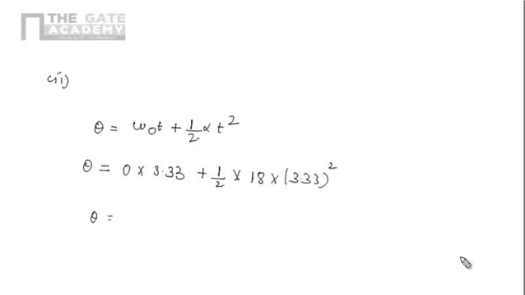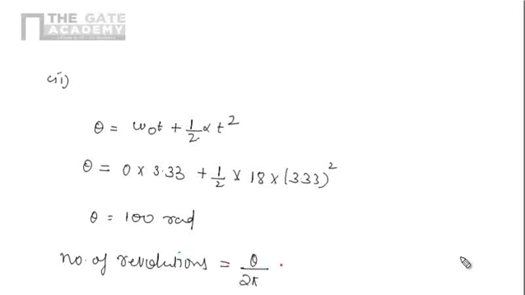So the theta value will come 100 radian. But we are interested in the number of revolutions. We can get it as theta by 2 pi, 100 by 2 pi, which will be 15.92 revolution. So the answer for the second part is that the number of revolutions will be 15.92.